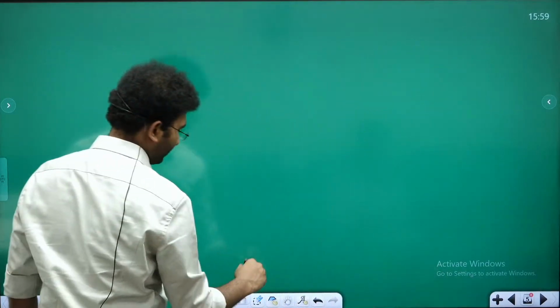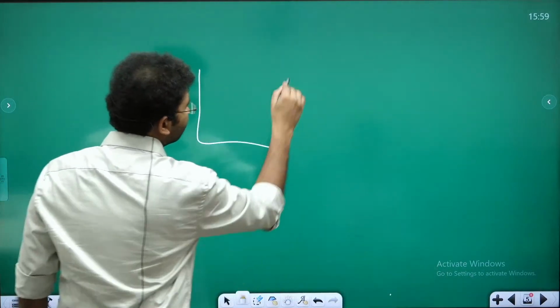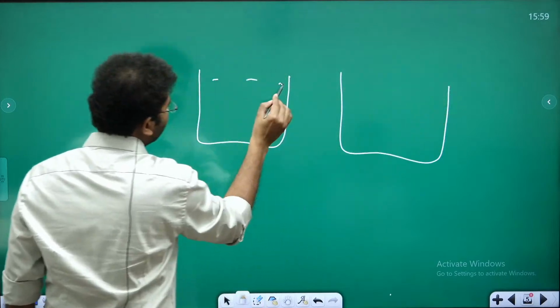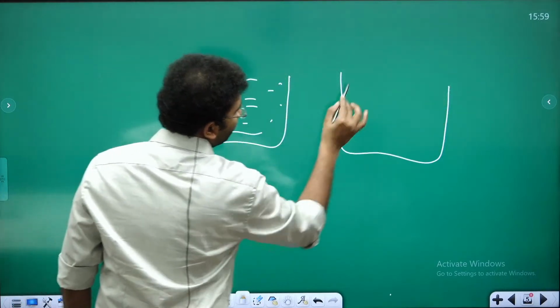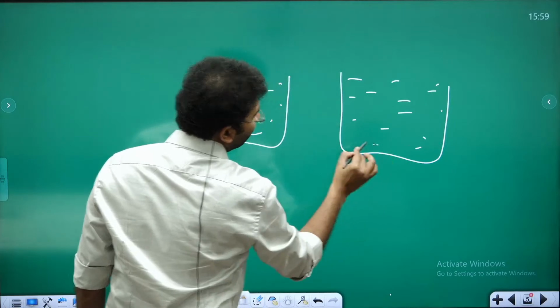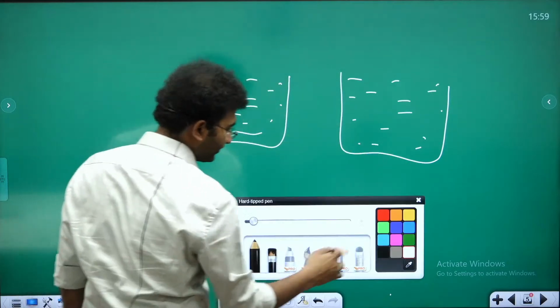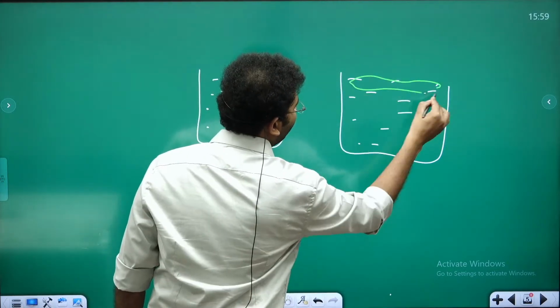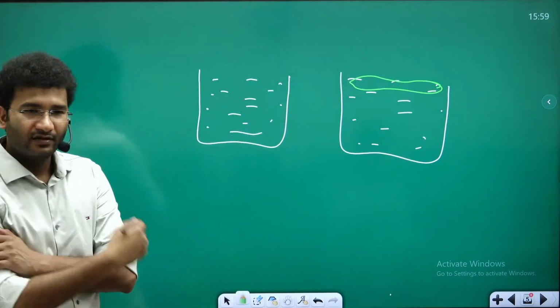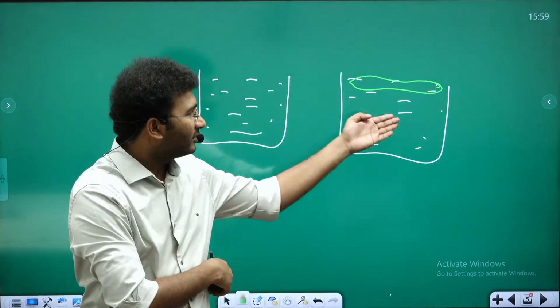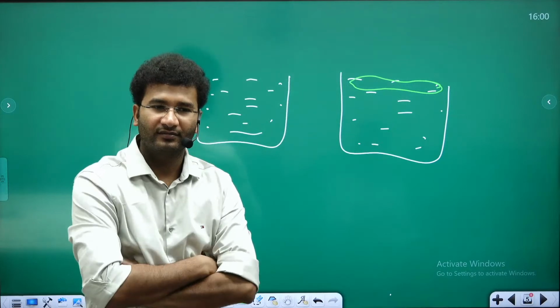So let's try to understand the same thing. Imagine this is a bowl of water, this is also a bowl of water. Here, some part of the ocean has converted into ice. ये पूरा ice बन गया. तो यहाँ इस पानी में salinity बढ़ेगा कि कम होगा?